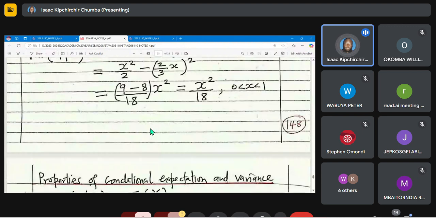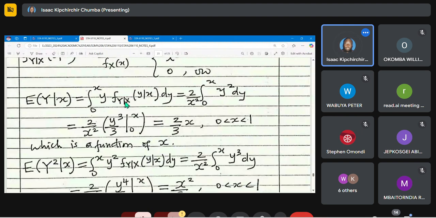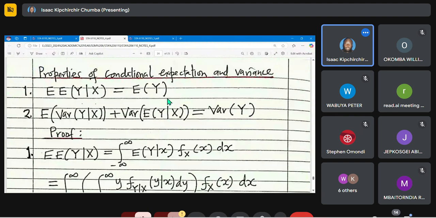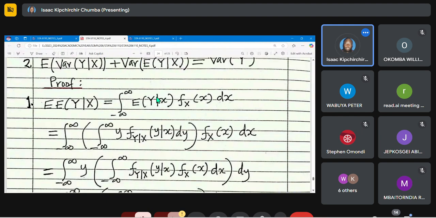You put Y, the conditional of Y given X, with respect to Y. So for expected of Y given X, inside this parenthesis I integrate, I have to put Y, I have to use the conditional of Y given X, and integrate with respect to Y. That's even what we did in the example here.